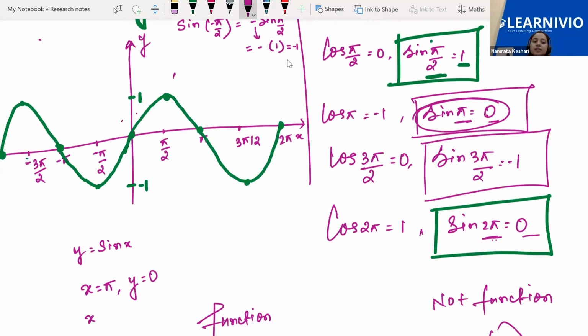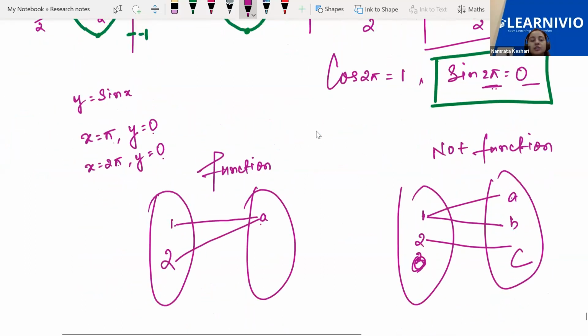When you take x as 2 pi, then also y comes out as 0. Yes or no? So two different inputs are giving the same output. Is that possible for a function? Yes, ma'am. It is qualifying the criteria of a function.